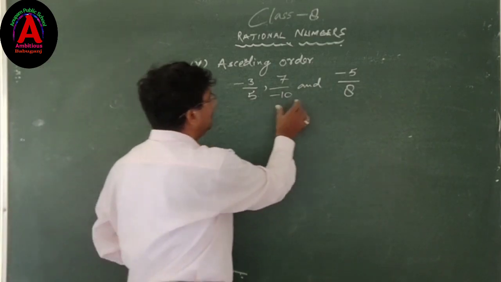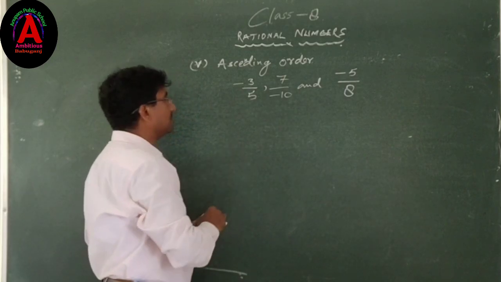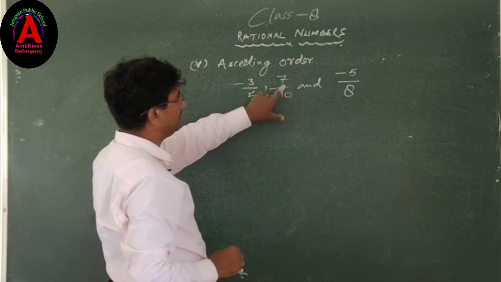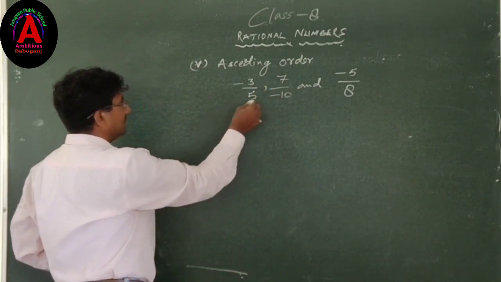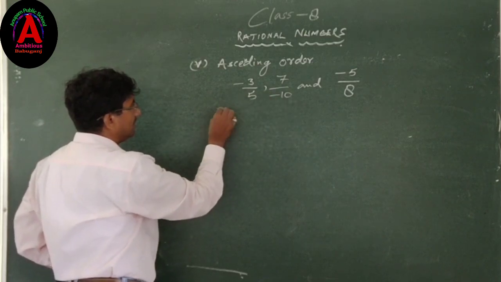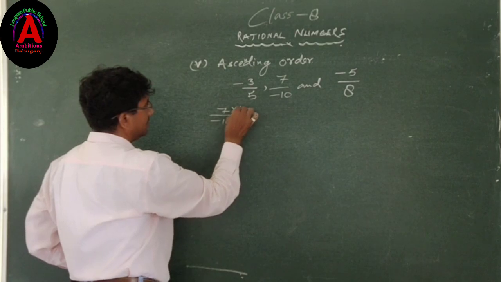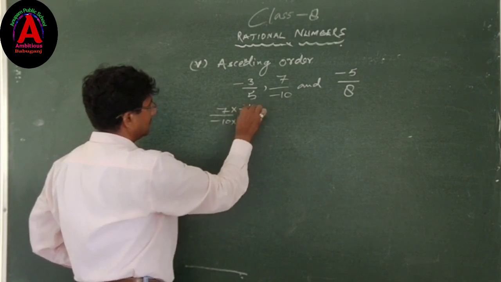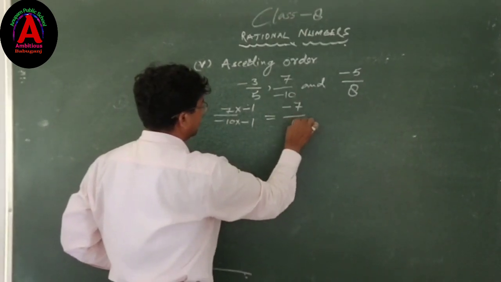All denominators should be positive. So what will we do? The first number we will multiply by minus 1. In the second number, 7 upon minus 10 multiply by minus 1, it should be minus 7 upon 10.